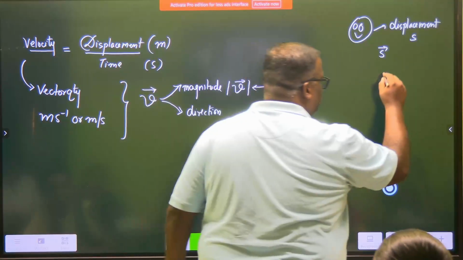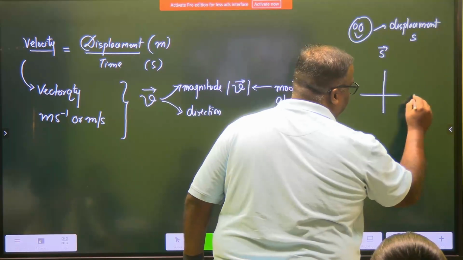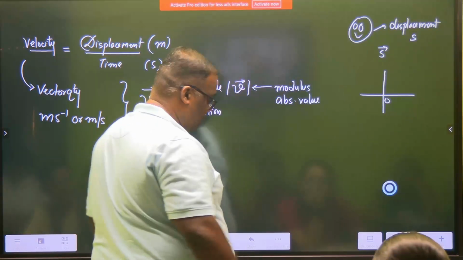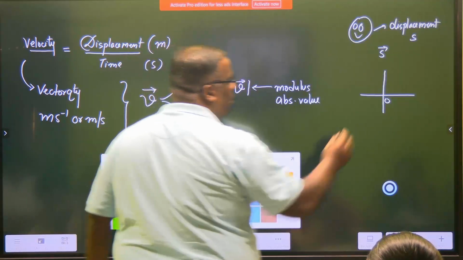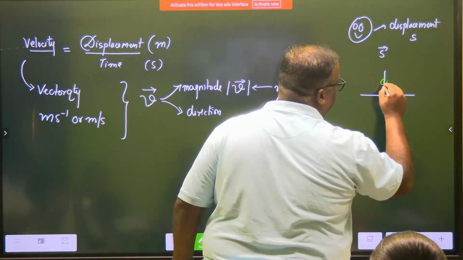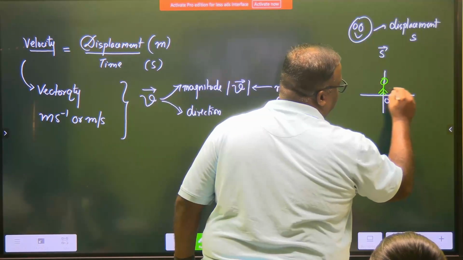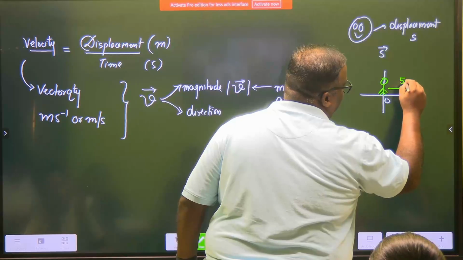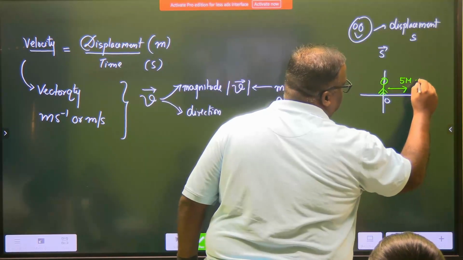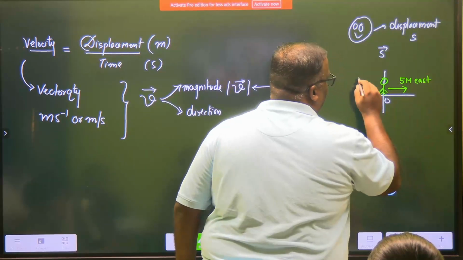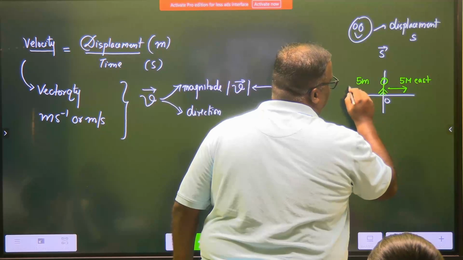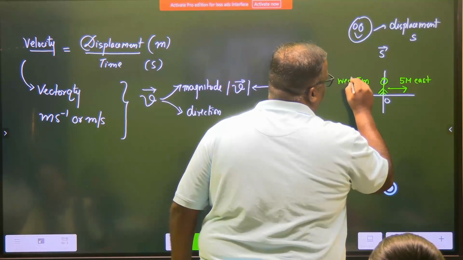Now, imagine that this is a reference point 0, right? And we have a person out here. And this person has a displacement on this side, which is 5 meters east. Agreed? And also has a displacement on this side, which is 5 meters west.